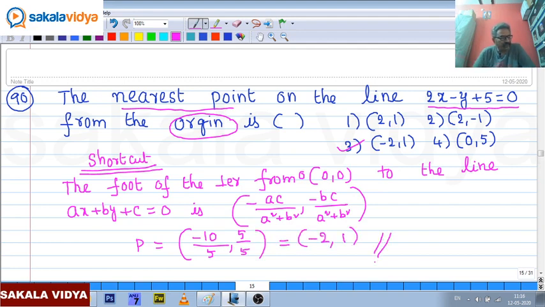This is also another method. So this can be remembered like this: the foot of the perpendicular from the origin to the line ax plus by plus c is equal to 0 is minus ac by a square plus b square comma minus bc by a square plus b square. You can remember it like that.